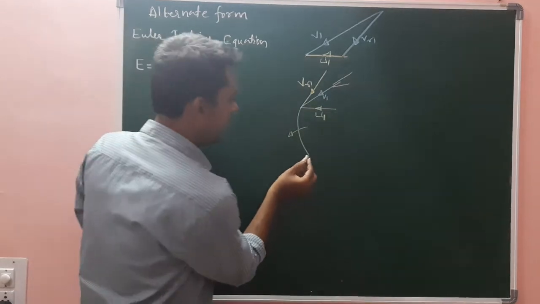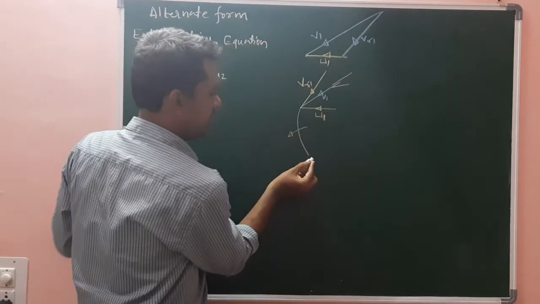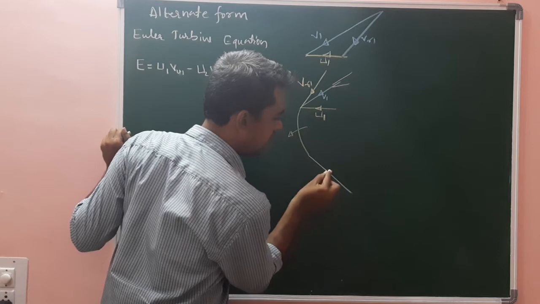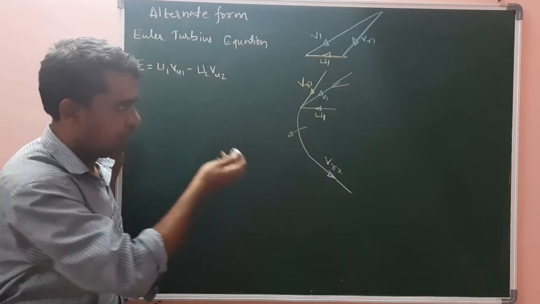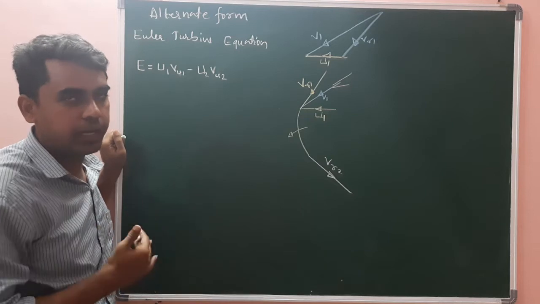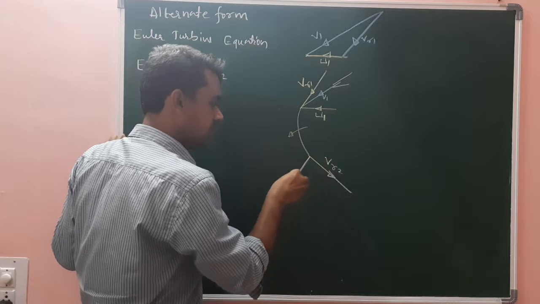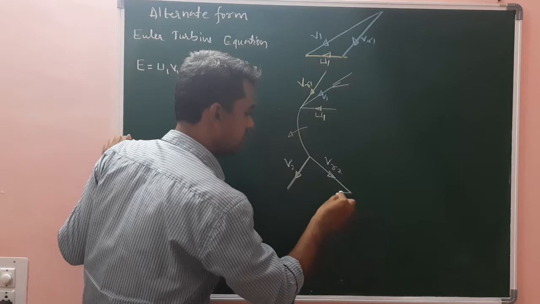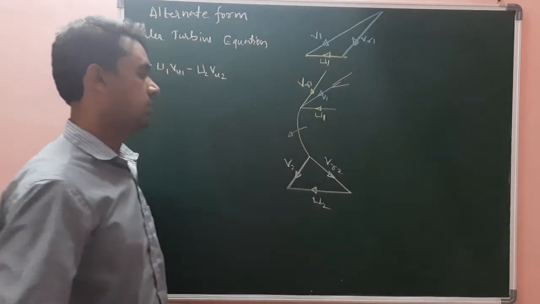At the exit, again, if we draw a tangent to the rotor blade at the exit, that gives the direction of the relative velocity Vr2. As the rotor is rotating, the absolute velocity tends to move in the direction of rotation of the rotor. Therefore, this is the absolute velocity V2, and this is U2, the tangential velocity.